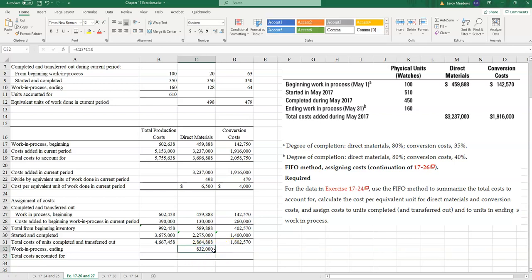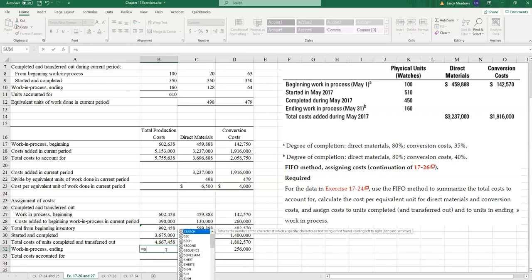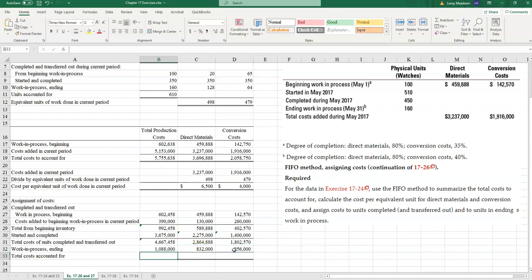If I do the same thing for my conversion costs, I'm going to have $256,000. So what is the total value of my ending work in process inventory? The total value is going to be, when I add these two up, $1,088,000. Of that, $832,000 is associated with direct materials, and the remaining $256,000 is associated with conversion costs up here.